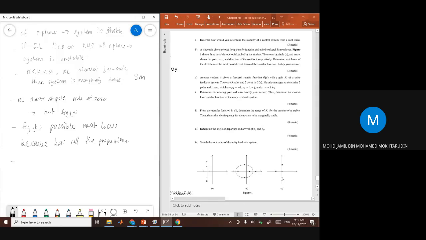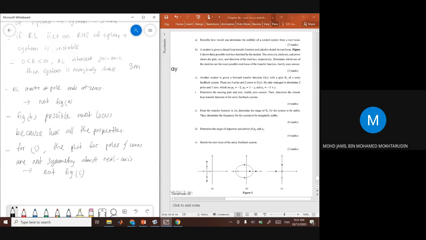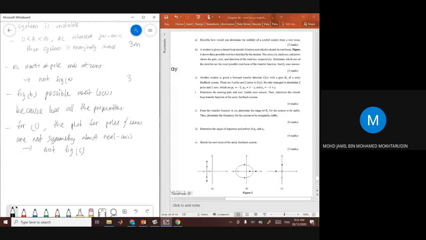The poles and zeros are not symmetric about the real axis. So not figure B, figure C. Figure C is not a root locus. So if you have these 3 points here, you get 3 marks.